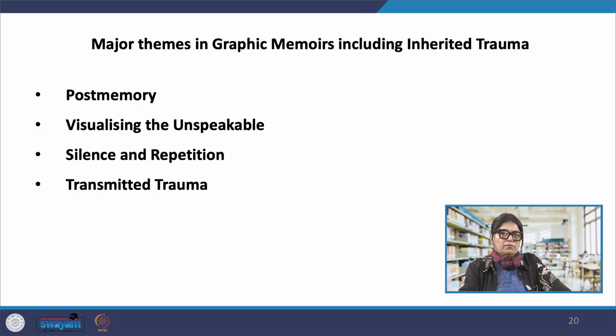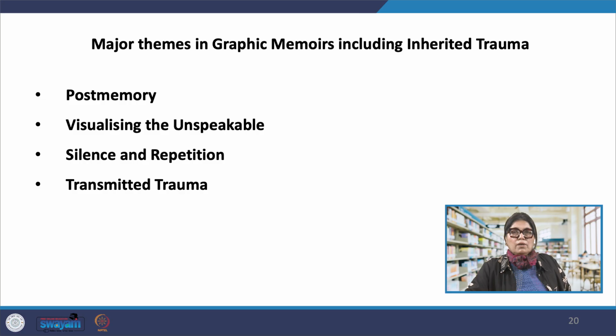Some of the major themes in graphic memoirs that have elements of inherited trauma include postmemory, Marianne Hirsch's concept that the second generation has a connection to the trauma of their parents, though they did not experience it directly, often characterized by imaginative investment and projection. Visualizing the unspeakable: graphic novels use the interplay of text and image to articulate unrecoverable loss and caesura.